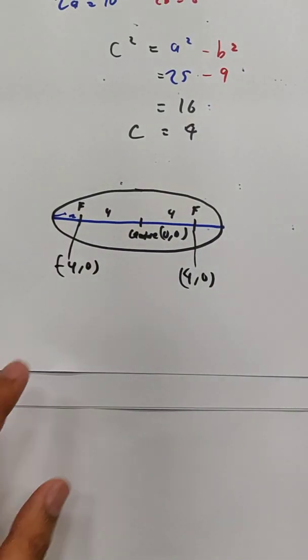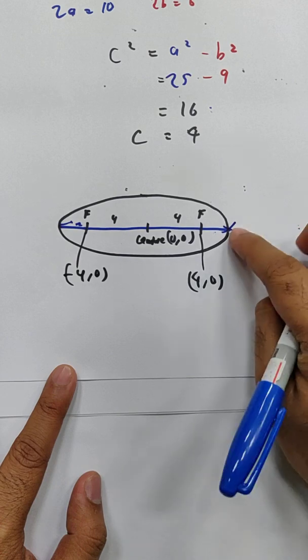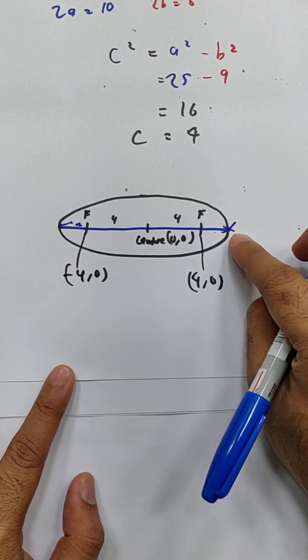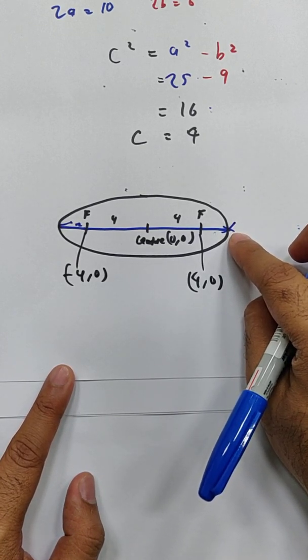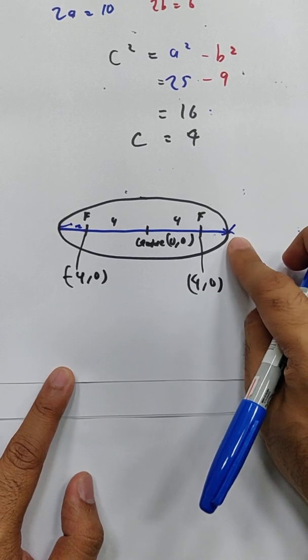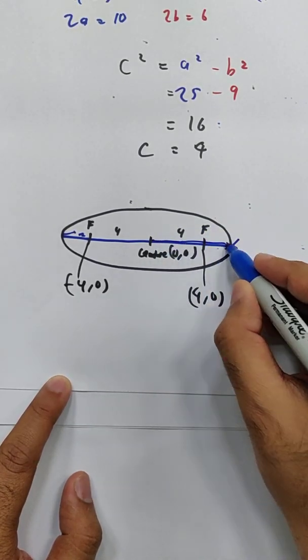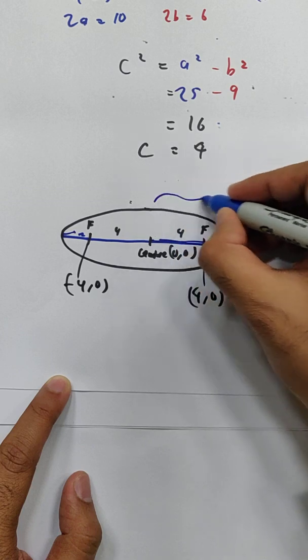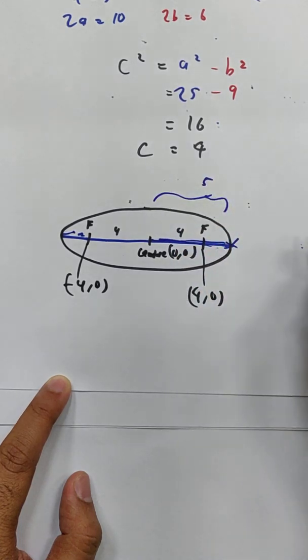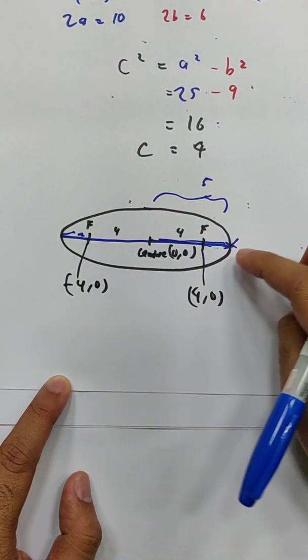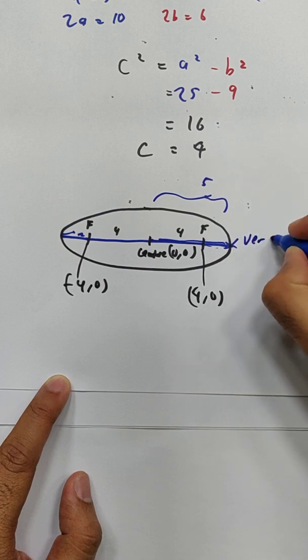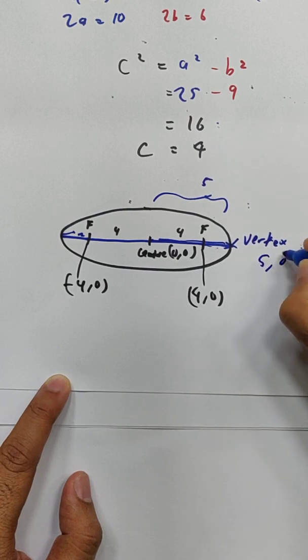Now what about the vertex? This one here. This length is how much? 5. So the vertex is 5, 0.